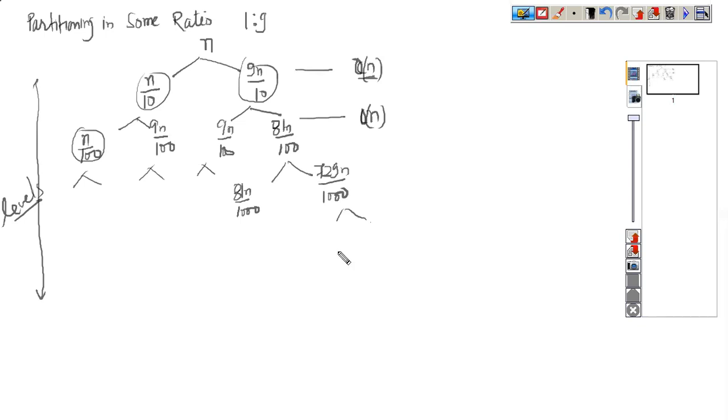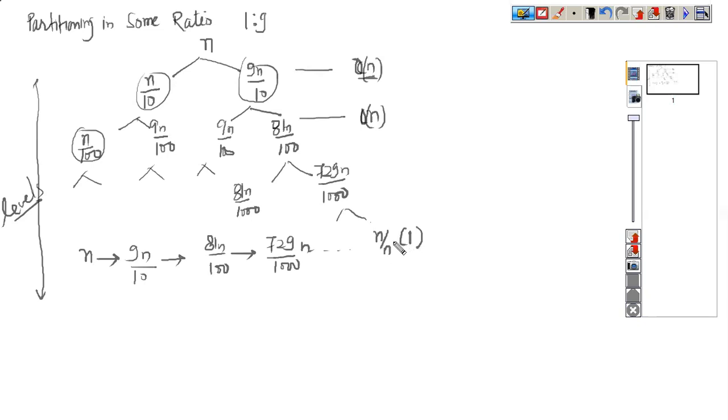We need to find out the pattern, how we are going to form a new size. So if you look at the right-hand side, we have n, and then n by 10 size, then 81n by 100 size, then 729n by 1000 size, and we keep on doing like this until we get an array of size 1, or you can say of size n by n.